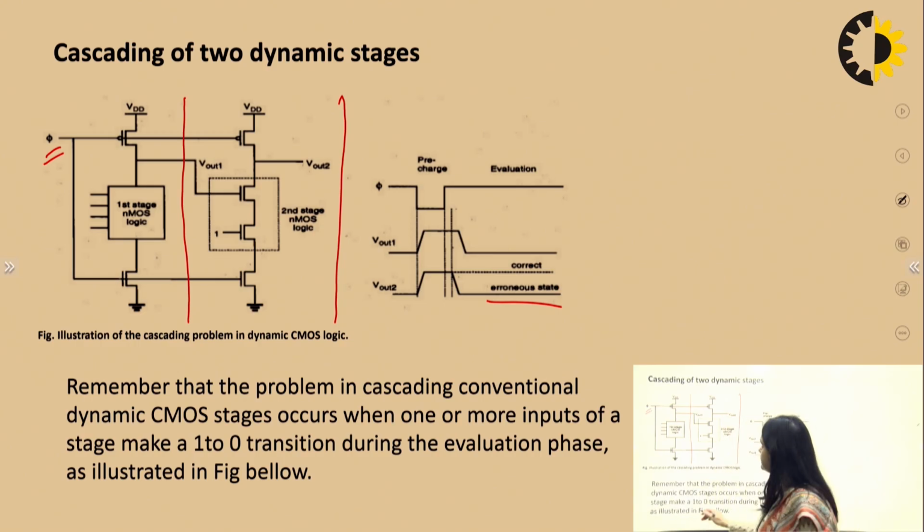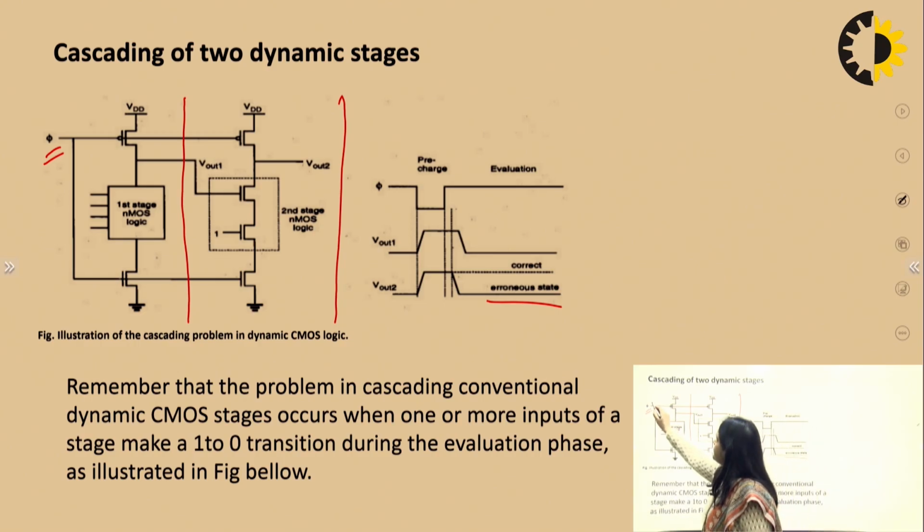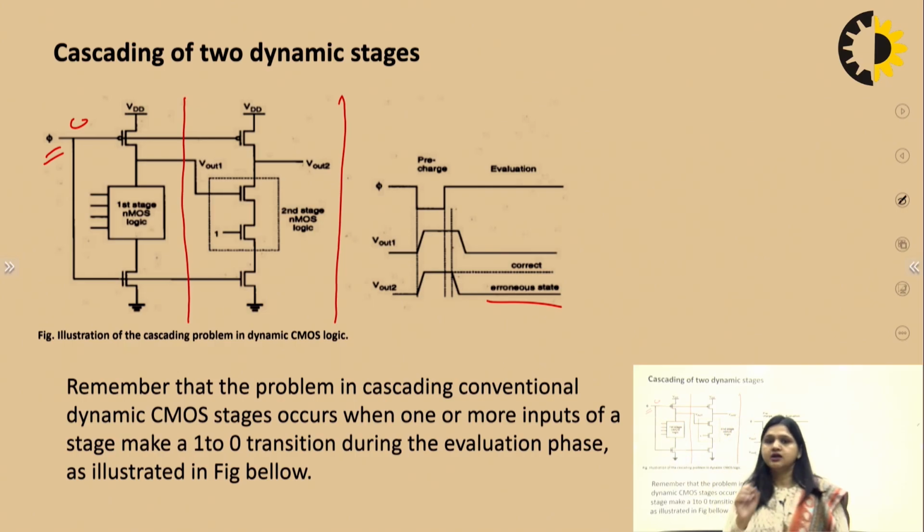Once phi is 0, the precharge phase takes place, and in the precharge phase this node is connected to VDD. So this is logic high, and this node is also at logic high level during the precharge phase.